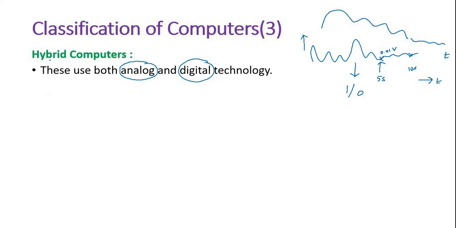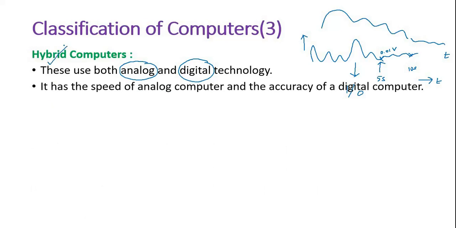So hybrid computers use both analog and digital technology. Why do we need to combine both technologies? Usually analog computers give the advantage of speed, and digital computers give accuracy.